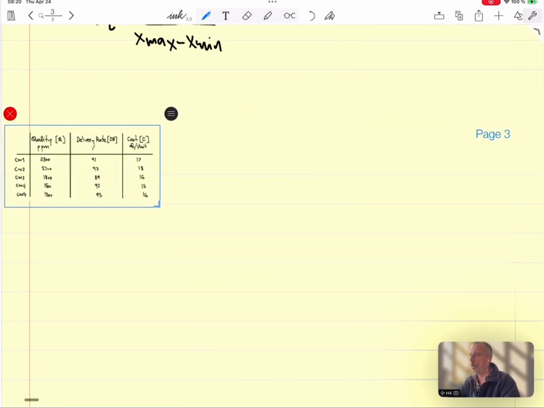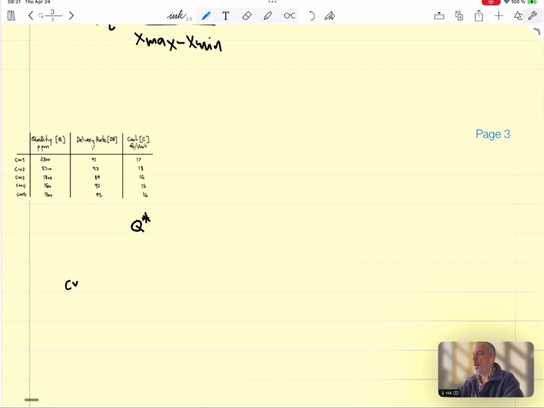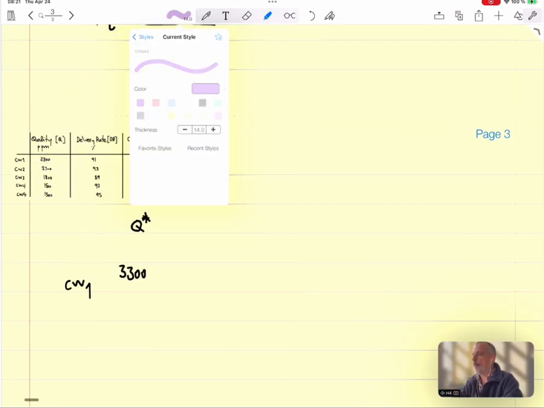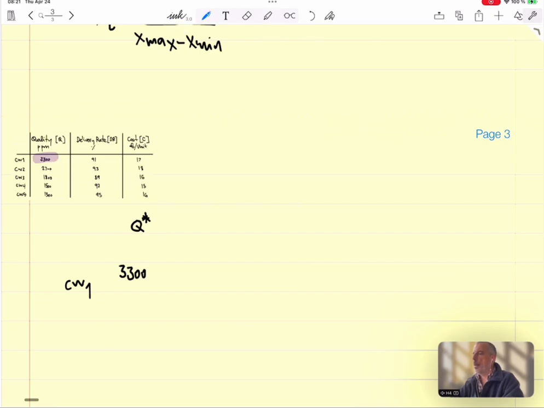So this is the data. Let's normalize the way we saw. The way to do it is to take the KPI, we name it Q star, and then we say calendar week 1 is going to be the number 3,300, which is this number, minus the minimum of the series, which is 1,300.